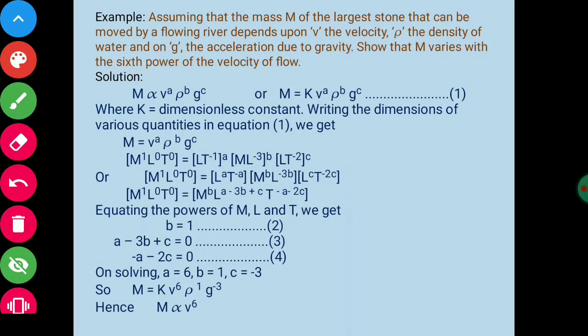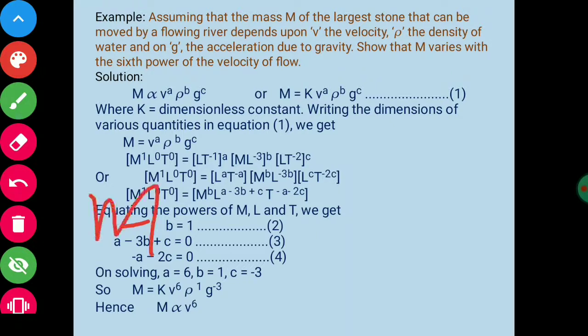So we can derive the formula. And here one more additional question is there. After deriving the formula, show that the mass of this stone varies with the sixth power of the velocity of flow. Now again we are going to solve in the same manner.